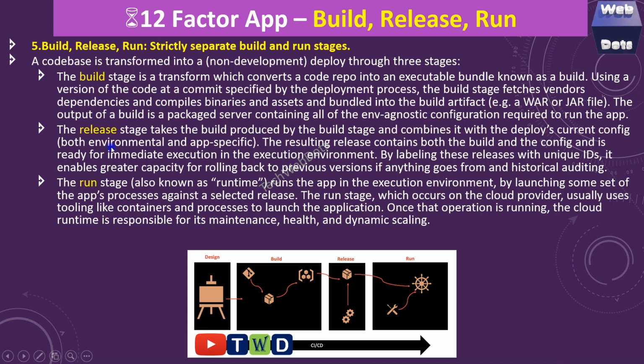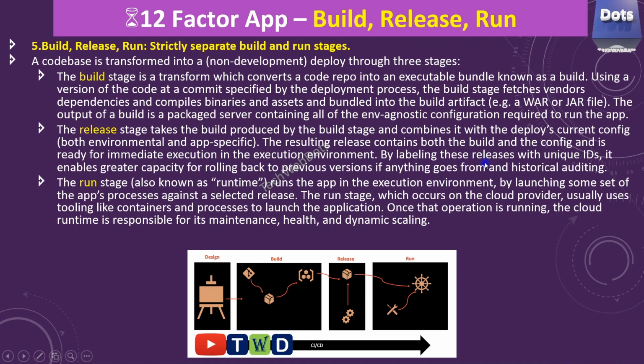In the release step, the release stage takes the build produced by the build stage and combines it with the deploy's current configuration, both environmental and app-specific. The resulting release contains both the build and the config and is ready for immediate execution in the execution environment.